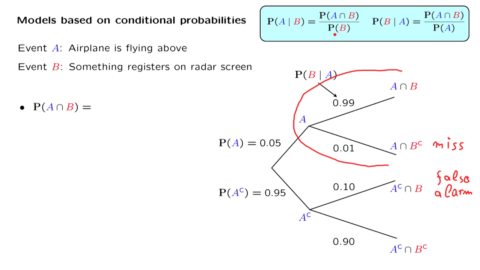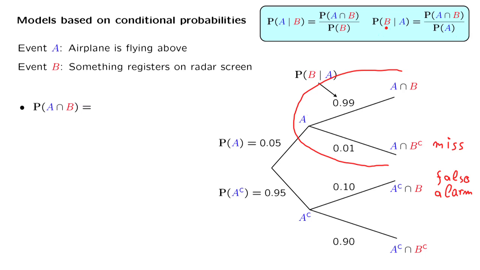What can we do? Well, we notice that we can use this definition of conditional probabilities, but use it in the reverse direction, interchanging the roles of A and B. If we interchange the roles of A and B, our definition leads to the following expression.